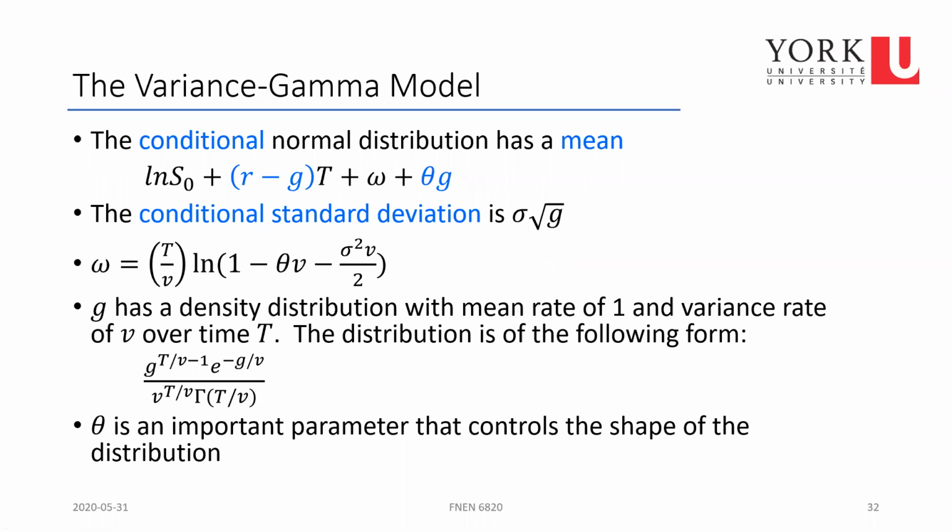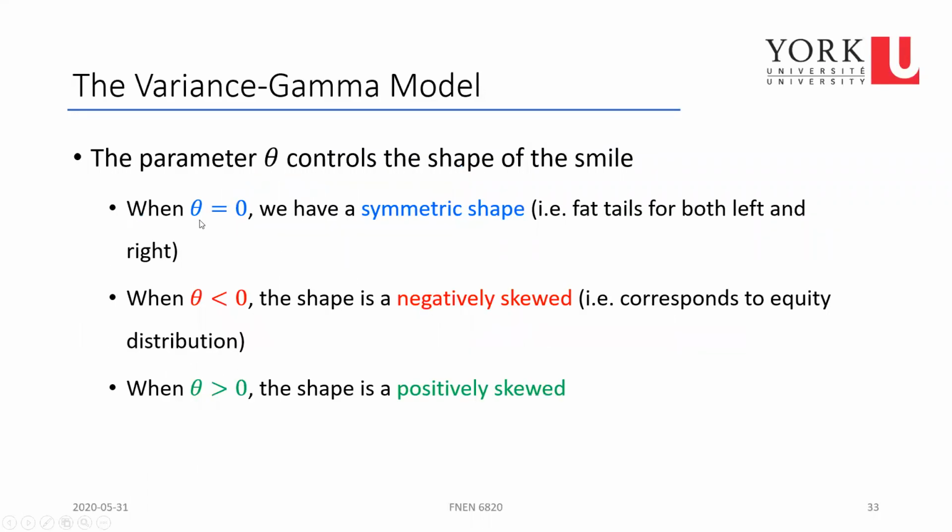Depending on whether you're dealing with the equity market or a currency market, you would put some restriction on the parameter theta. So if theta is equal to 0, we will have a symmetric shape.